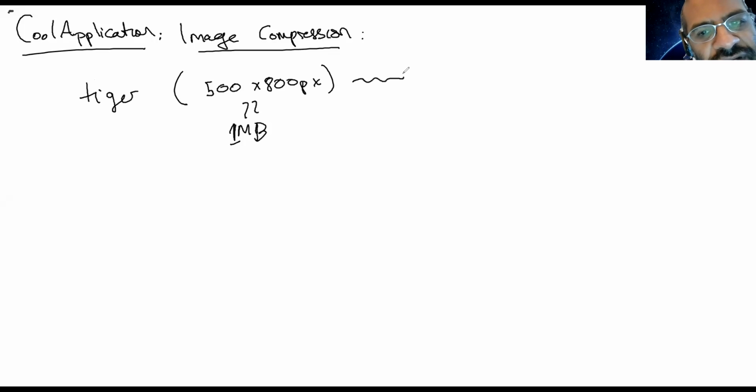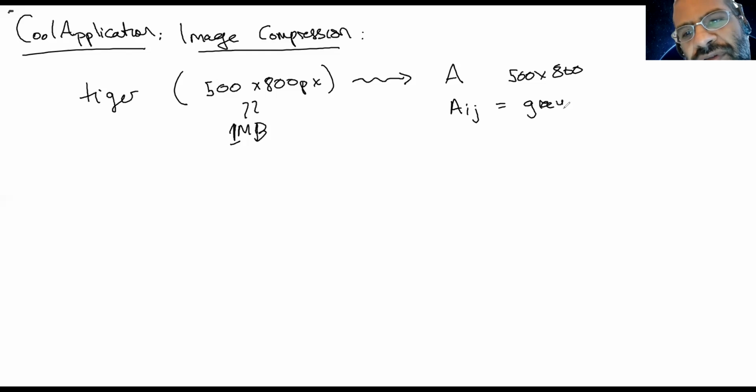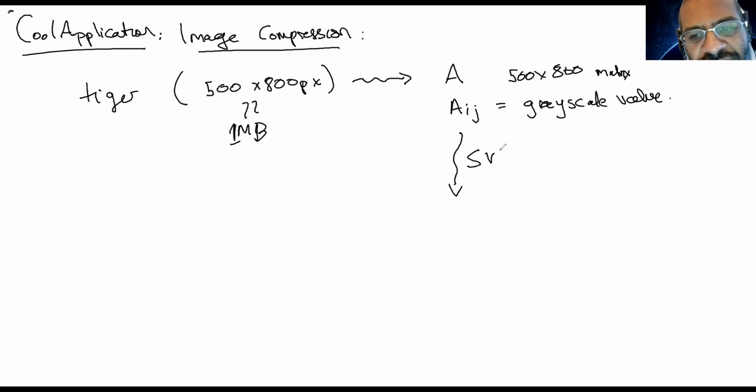So of course, I'm going to turn it into a matrix. And the entries are going to be the grayscale values. That was a color image, but let's make it grayscale. So it's some number that shows how white or black it is. So now I have a matrix. Now I'm going to take the SVD of that matrix.